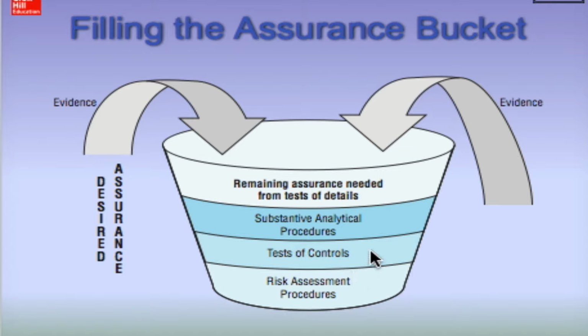Basically a way of saying, if you get to the top of this bucket, that's the amount of assurance that we need. I don't want to say we don't care how we get there, but we don't care if there's a little less test of controls if that amount of assurance is made up in one of these other components. So if you're going low in one area to get to the same level of assurance, you're going to have to add it somewhere else.